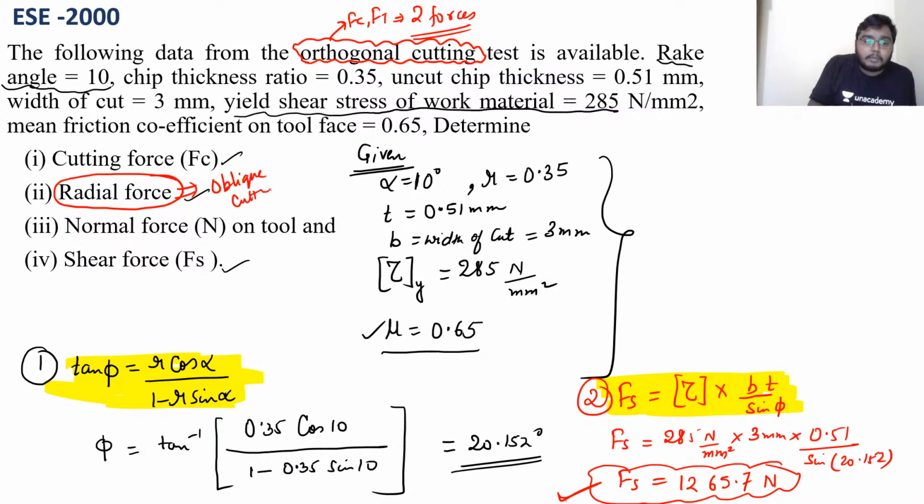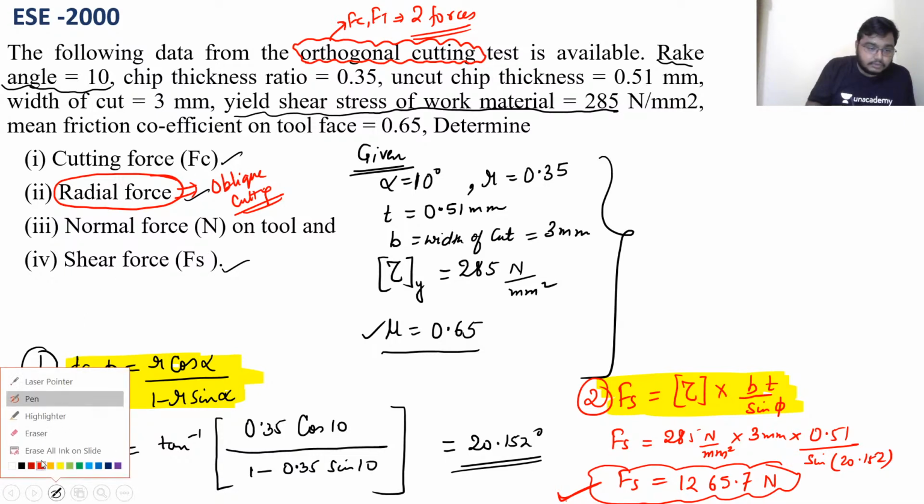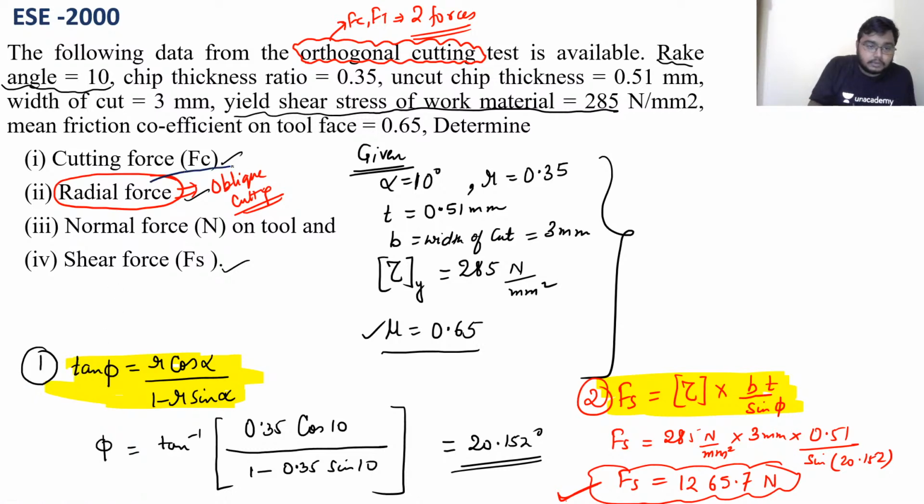In orthogonal machining, radial force will not come. So the radial force value will be 0. Clear till now? Is this problem clear or not? Tell me. Let me check the comments.